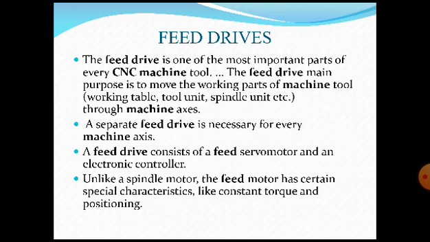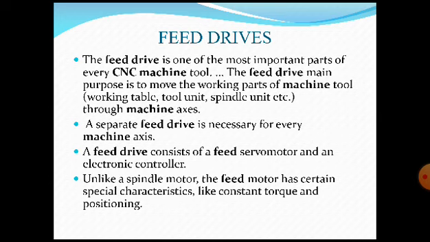Unlike a spindle motor, the feed motor has certain special characteristics like constant torque and positioning. In a spindle drive, we just use a rotational movement; if it provides accuracy of movement, we can use it. But we expect more important features from the feed drives.